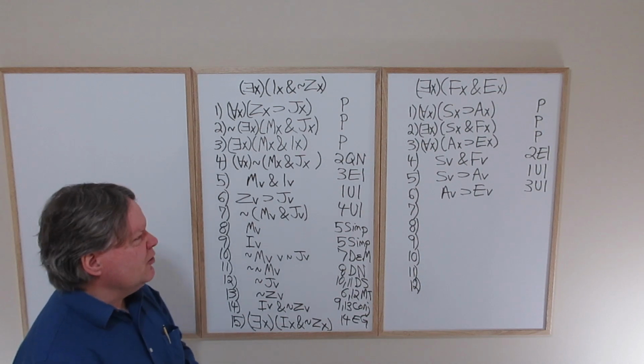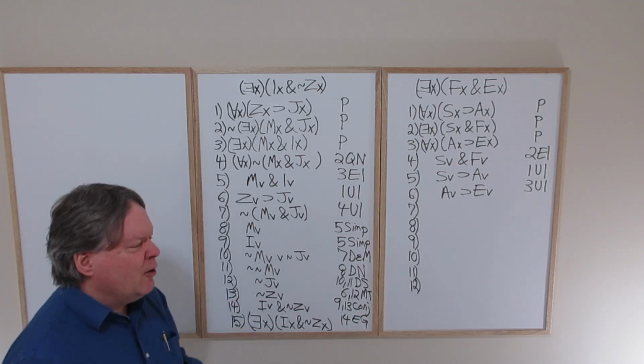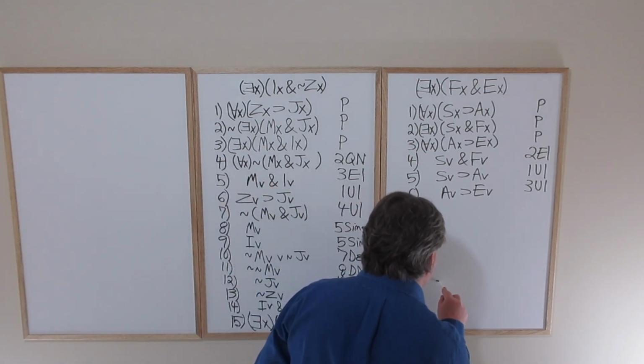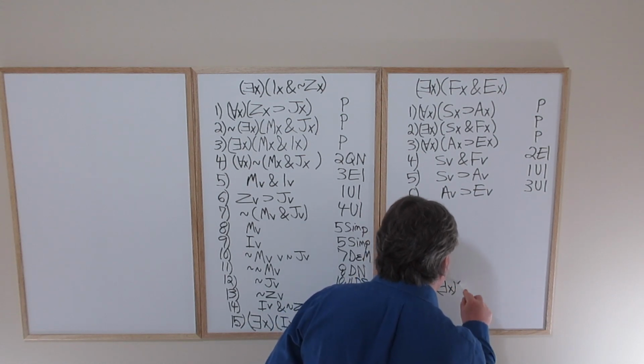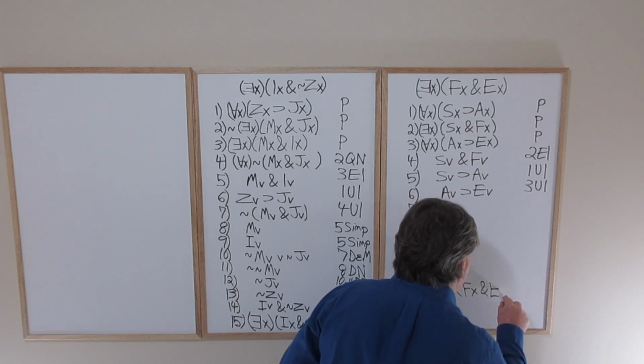So again, in the early stages, many people find it easier to have the way the proof's going to end clearly set out for them. So, what we want to end up with is the sentence, there's at least one X such that X is a feminist and X is an envied person.